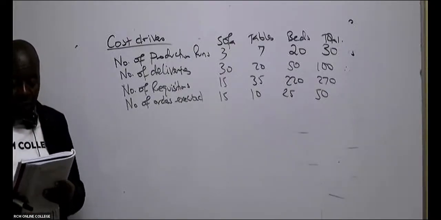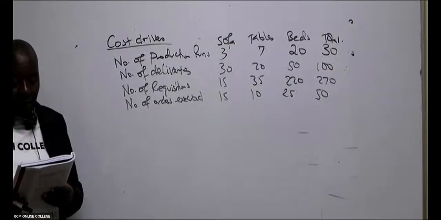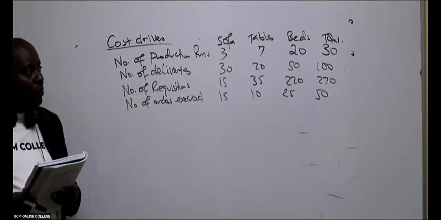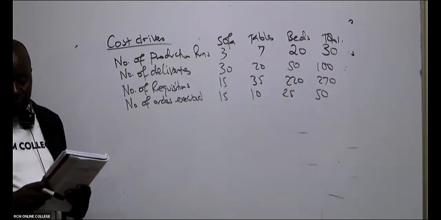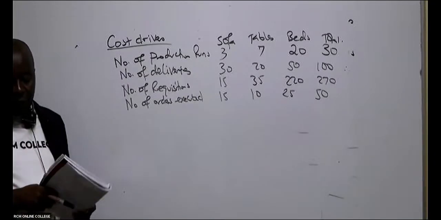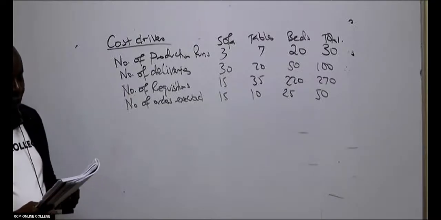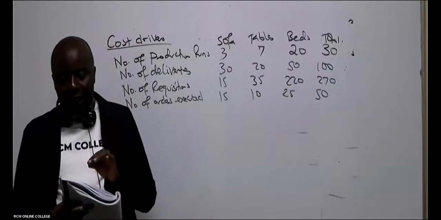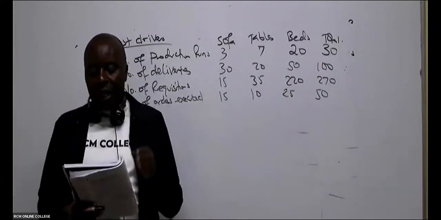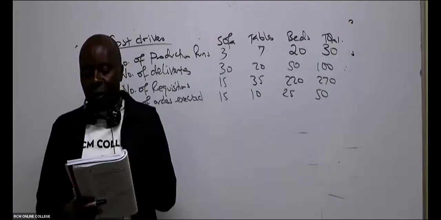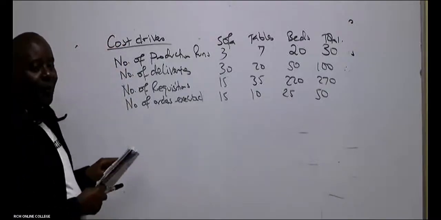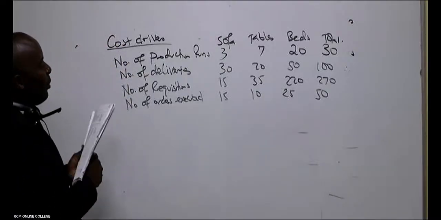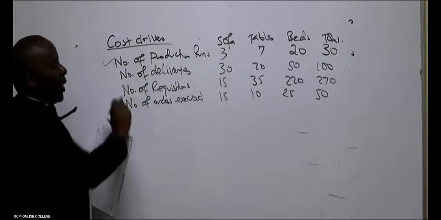Once you finish, please mention yes. So you can see setup costs overhead there is 300,000. They shall apportion the first one using the number of production runs that we have.